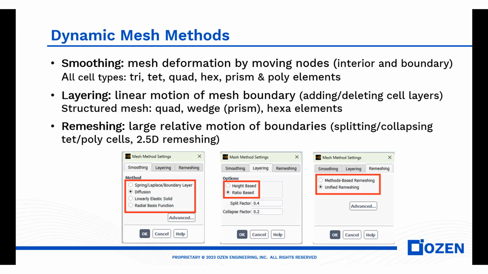If we want to go to another option, which is method-based remeshing, it could be in terms of setting the sizing, in terms of local cells, local faces, region faces, or 2.5D remeshing. So it depends on what way we want to work on that. But usually unified meshing works for most of the cases.